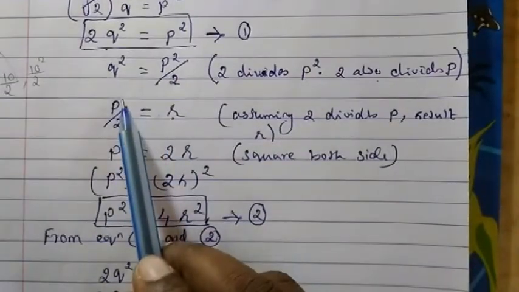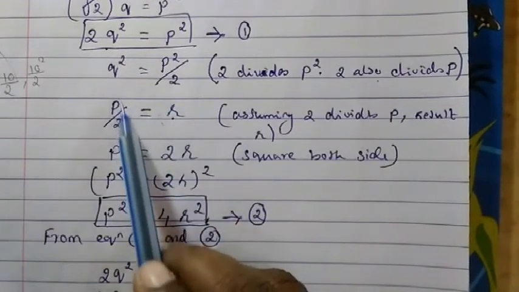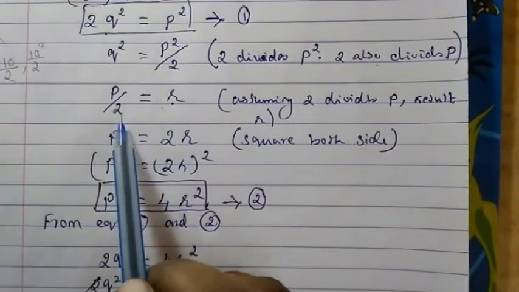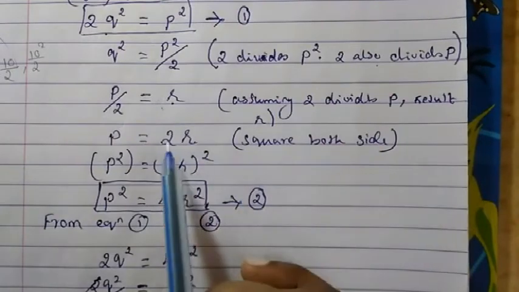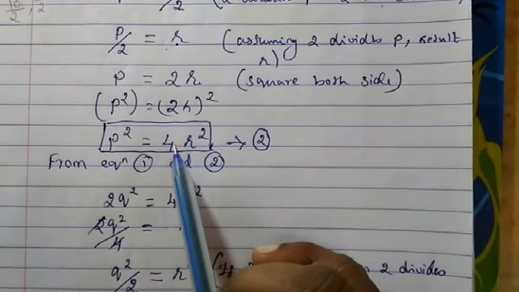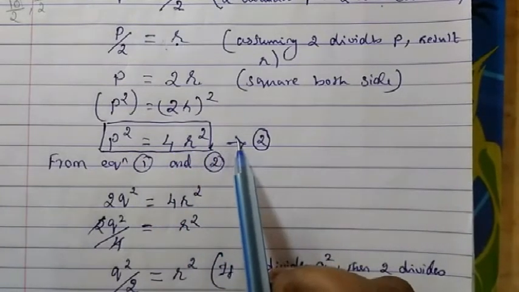If 2 is dividing P, then we will get some answer here. So again, we keep P on one side and bring R to the other side and square both sides. When squaring, we get P square equal to 4R square, which we keep as equation 2.